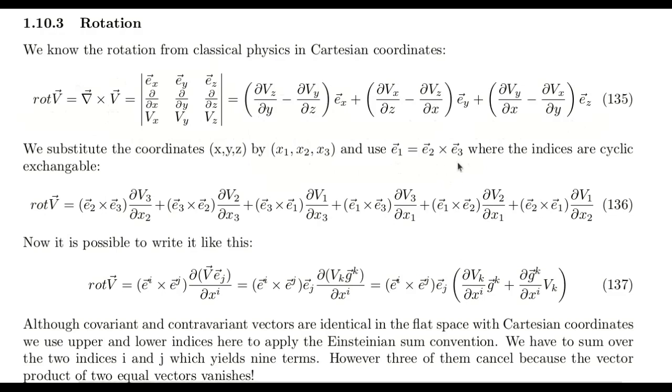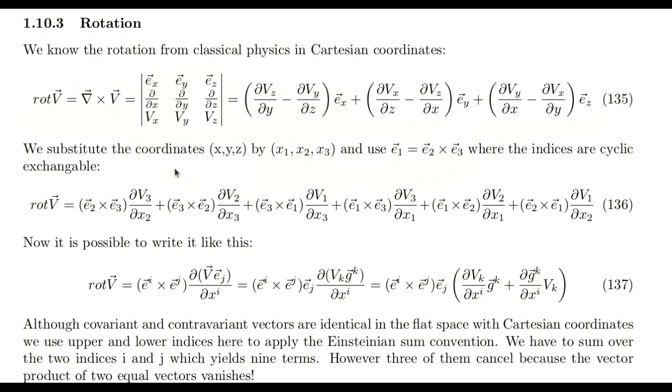And the indices 1, 2, 3 are cyclically exchangeable. That would make no difference. But if we exchange two vectors, if we write E3 cross E2, then we must write a minus, because then the sign of the result is changing.